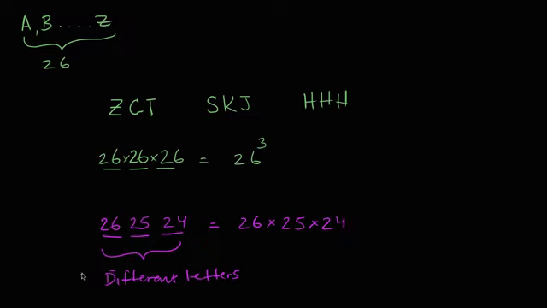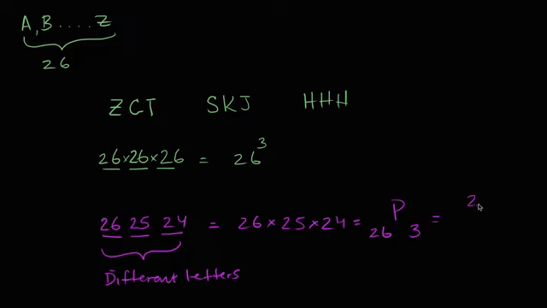And if we wanted to write it in the notation of permutations, we would say that this is equal to, we're taking 26 things, sorry, my brain is malfunctioning. We're figuring out how many permutations there are for putting 26 different things into 3 different spaces.